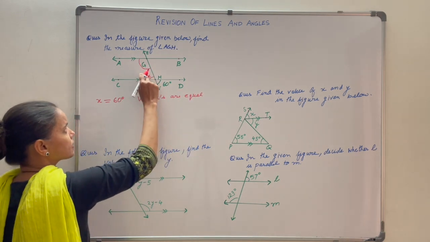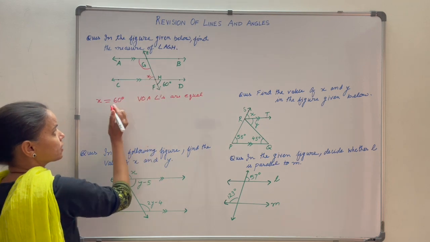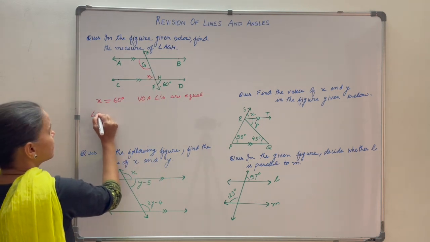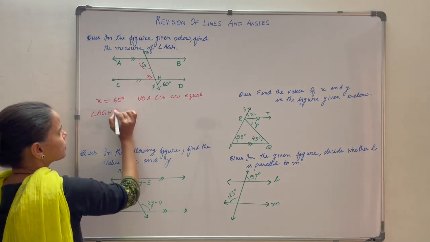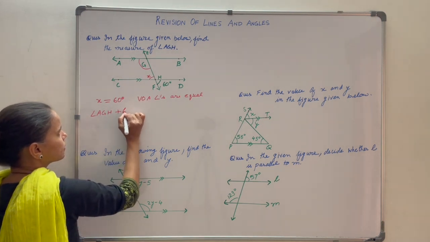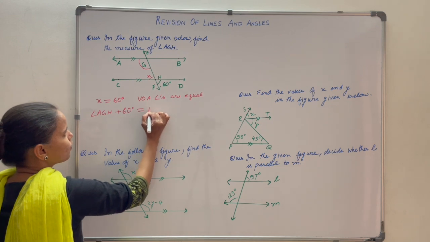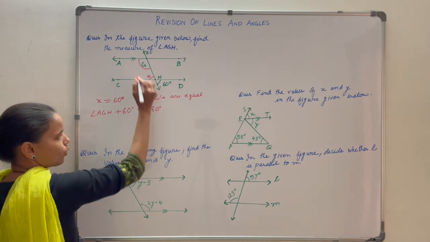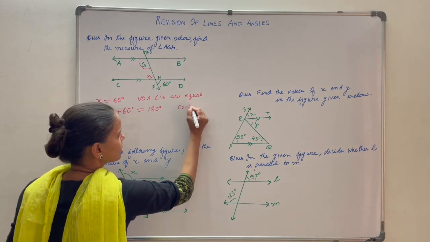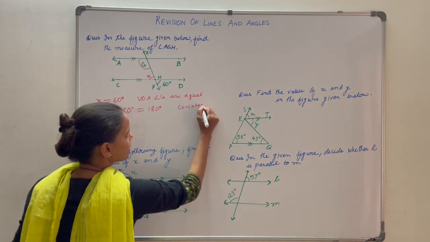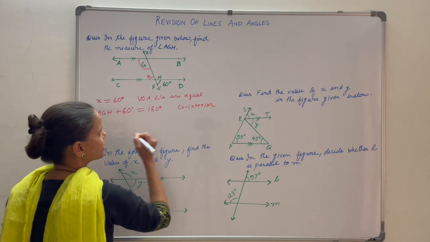And these two angles are on the same side of the transversal. That means angle AGH plus 60 degrees is equal to 180 degrees. Co-interior angles, that is nothing but angles on the same side of the transversal, add up to 180 degrees.